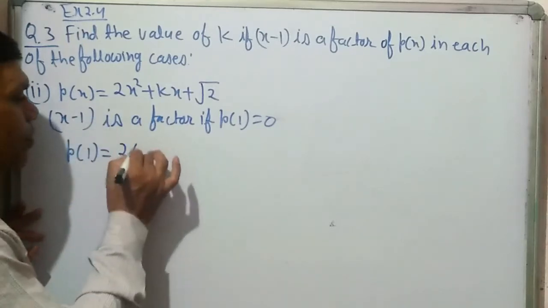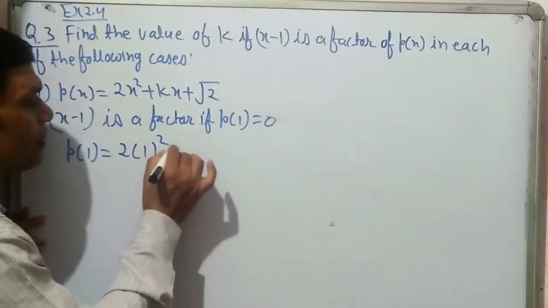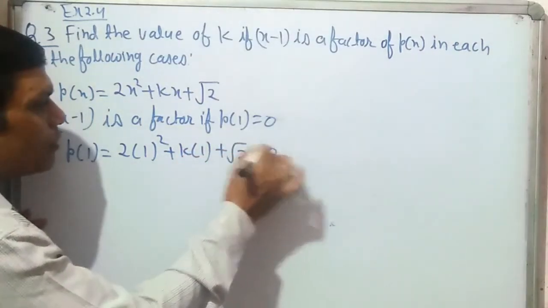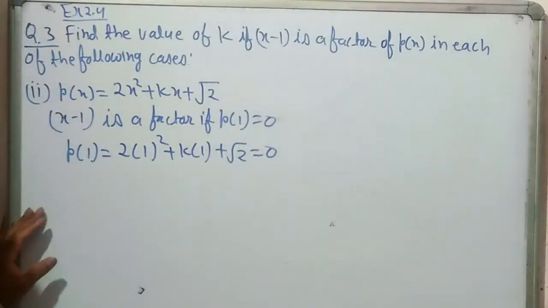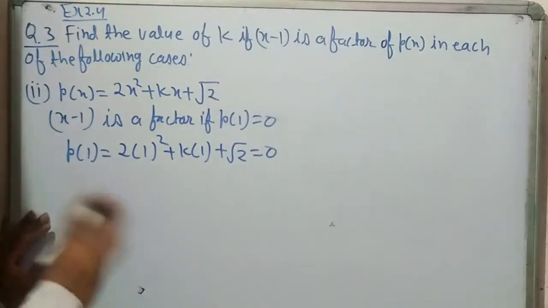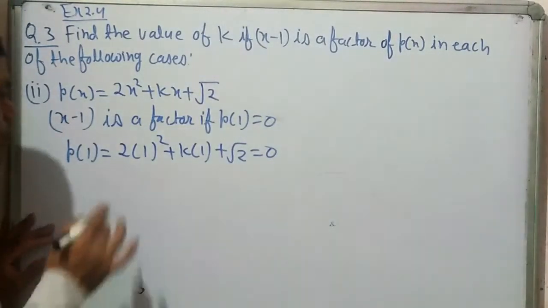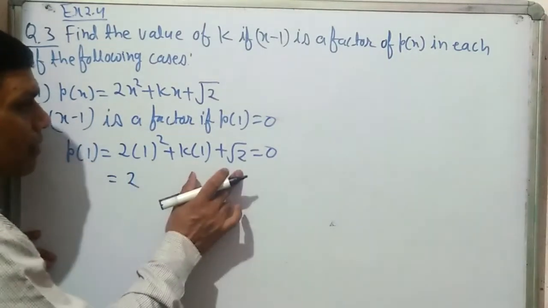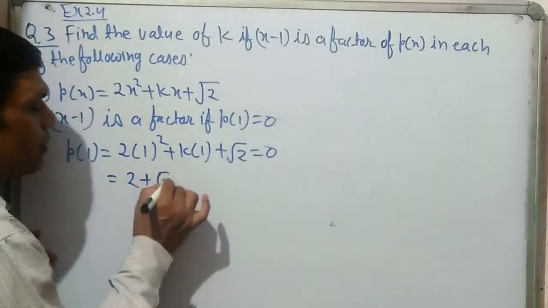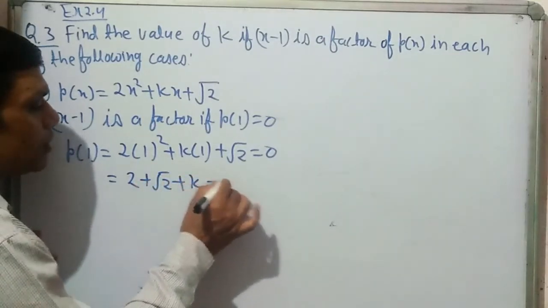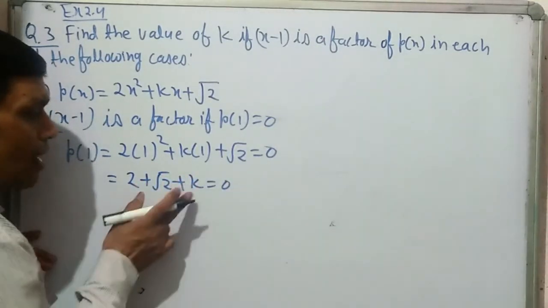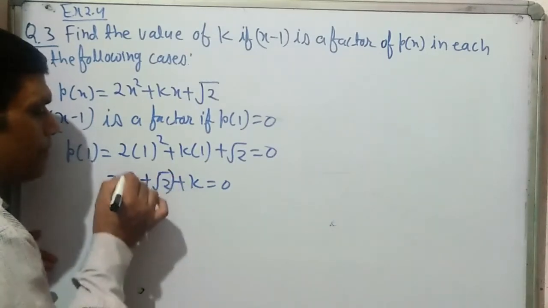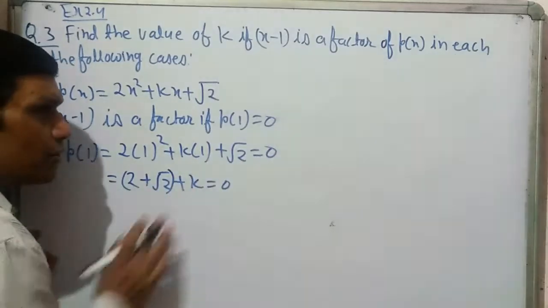What will it be? 2 into 1 square plus k multiplied by 1 plus under root 2, and this should be 0 because x minus 1 is given to be a factor. Solve this out. This will be 2 plus root 2 plus k should be 0. We have to find k. We shift this whole as a bracket with changed sign to the other side.